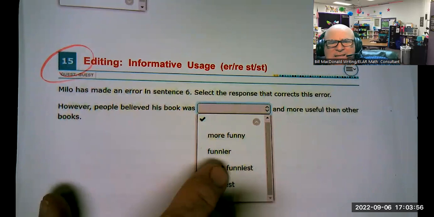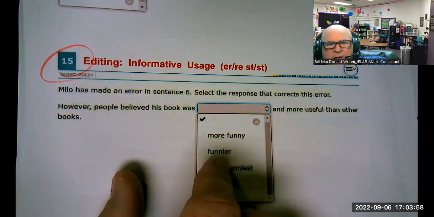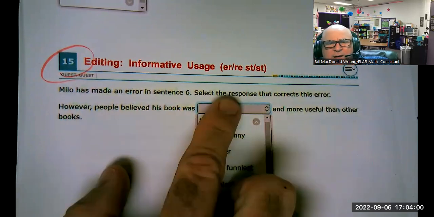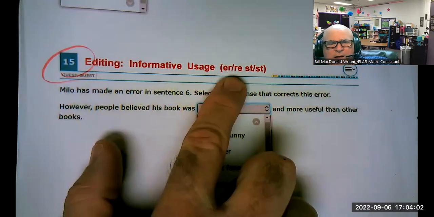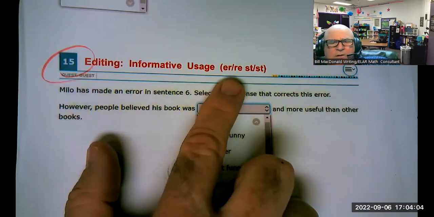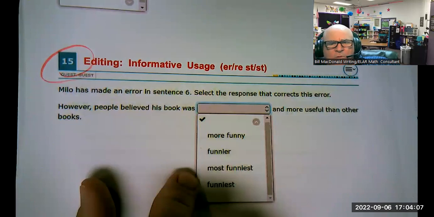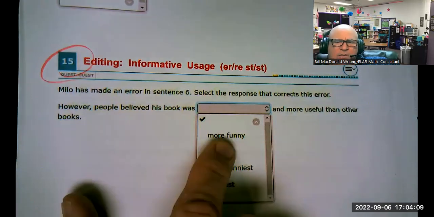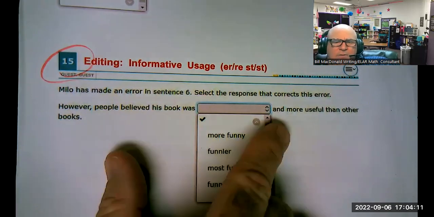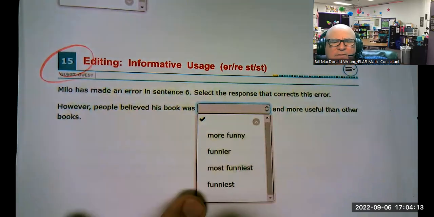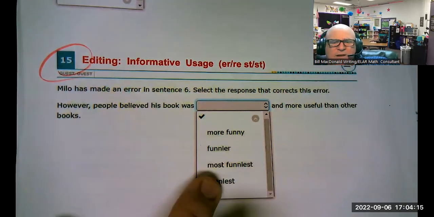Since here I'm not repeating ER or ER twice, I'm okay to select that one. This one has more and more again on the second choice. Third one, however, people believed his book was most funniest, two STs in a row. That breaks a grammar rule.